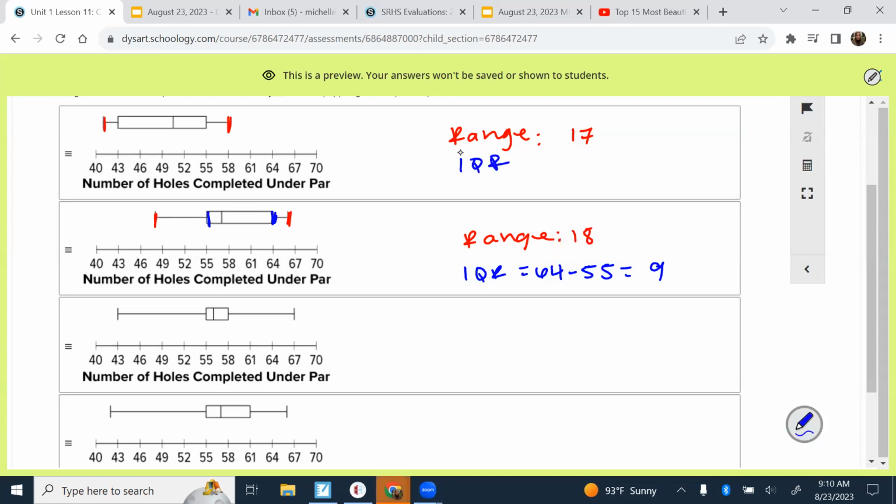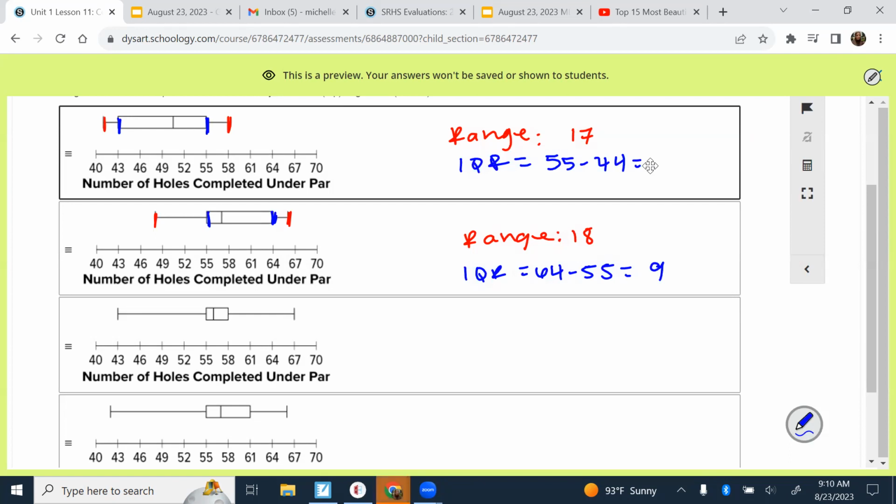And then the top one, 55 minus 44, that's like 11.